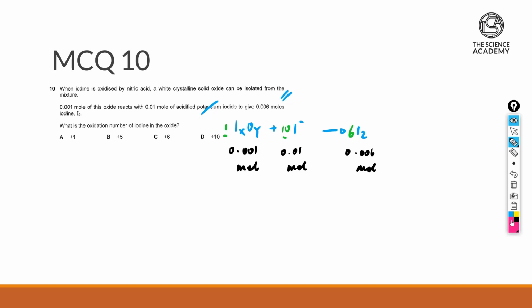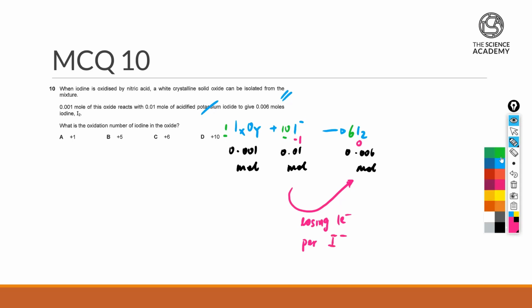So the oxidation state of each of the iodide was actually -1. So once it becomes iodine, it has become that of 0, and this must have been through the act of losing 1 electron per iodide.